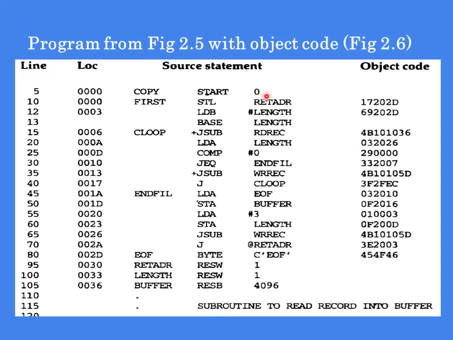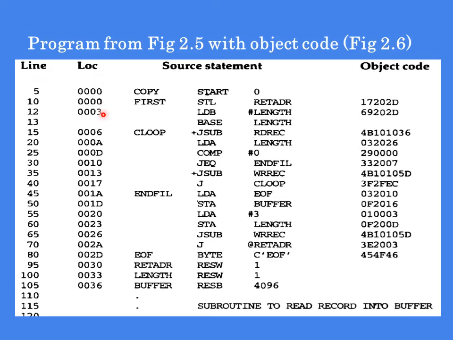We are only mentioning the displacement, the relative distance of this instruction from this location. So if you subtract the value contained in the next instruction, 0003, from 0030, you will actually get 02D. This is the distance, because this instruction takes 3 bytes length. So this is a hexadecimal value.